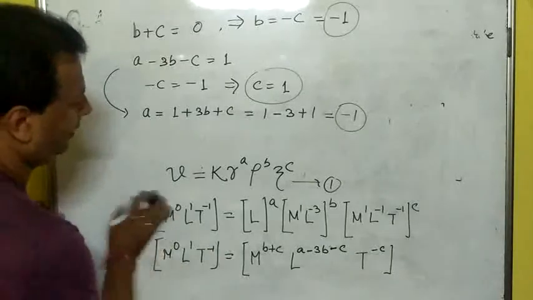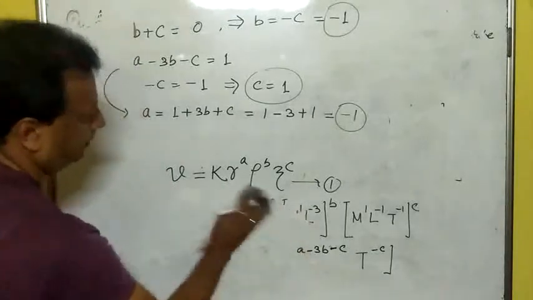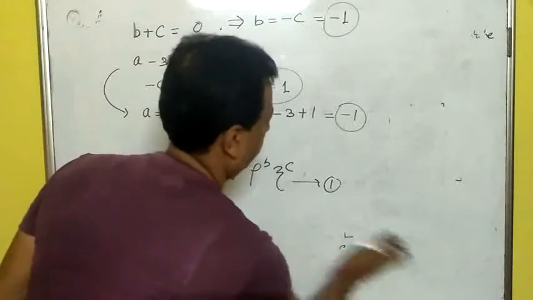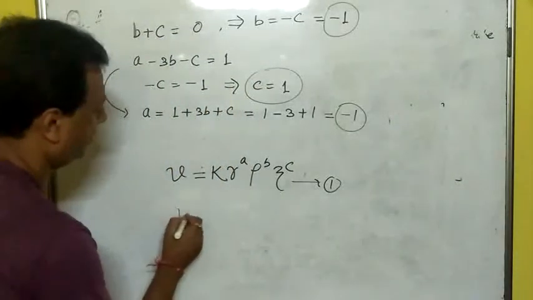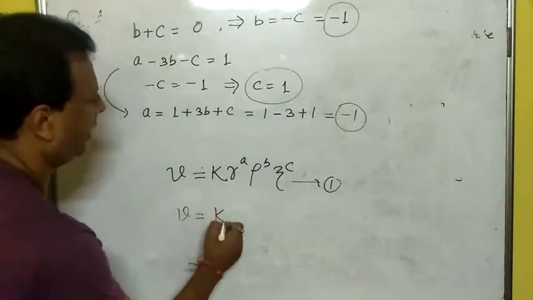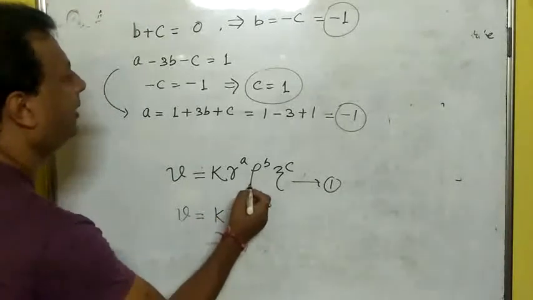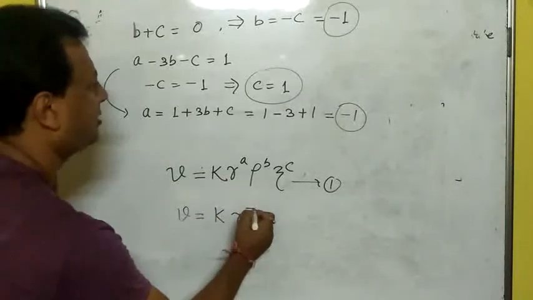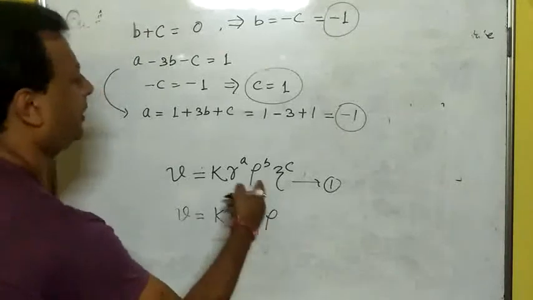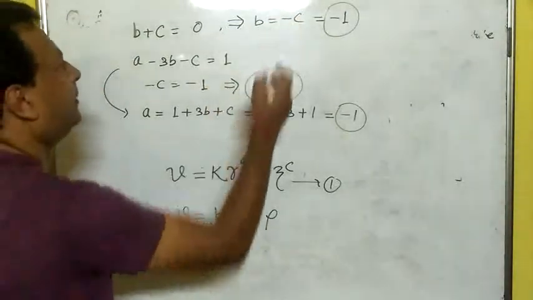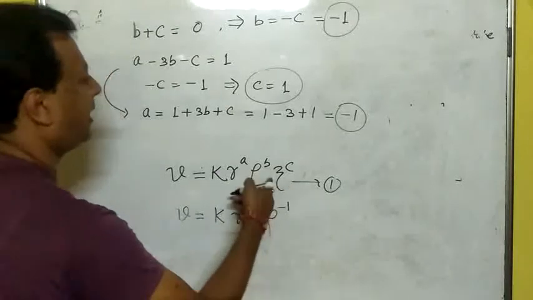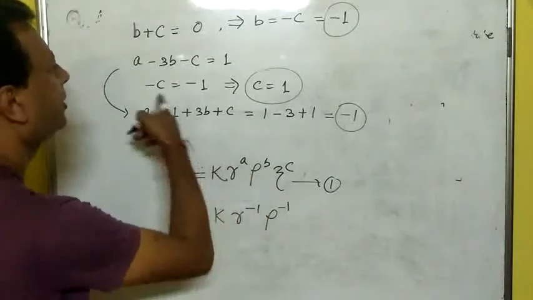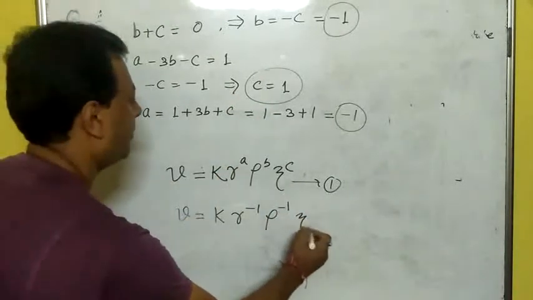Let us put the values here. V is equal to K into r to the power of a, and a is minus 1. Rho to the power of b, and b is again minus 1. And eta to the power of c, which is eta to the power of 1.